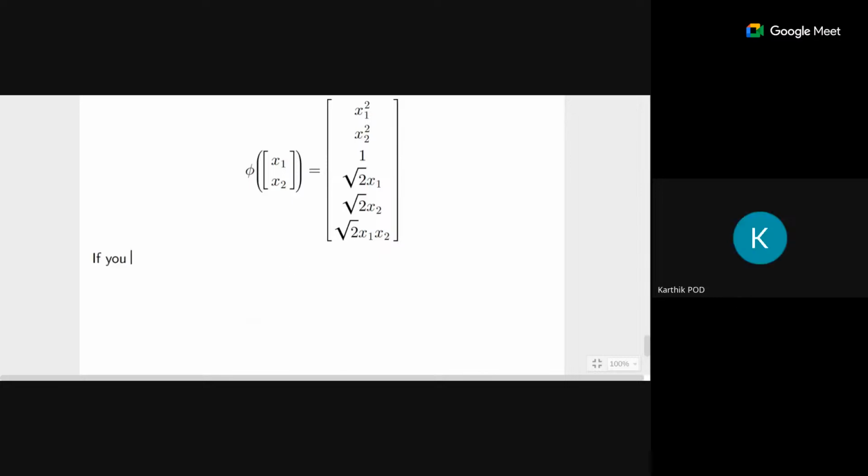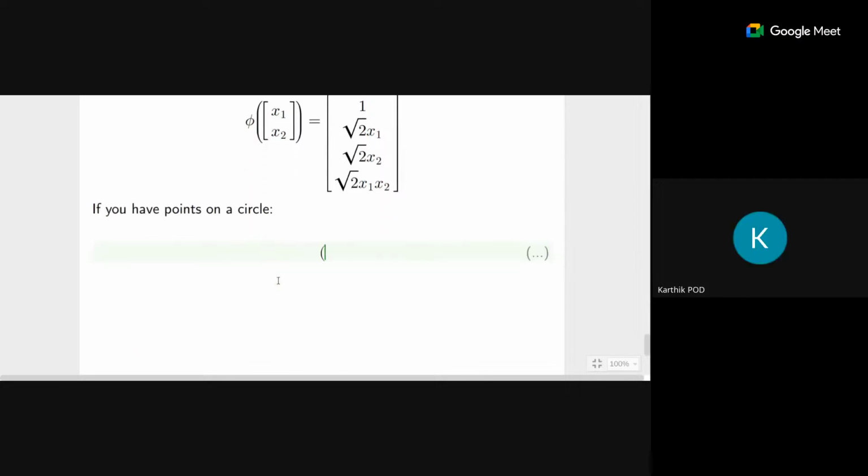So if you have points on a circle, then let's say the equation of the circle would be something like x1 minus a whole square plus x2 minus b whole square is equal to R. It will be something like this, right?